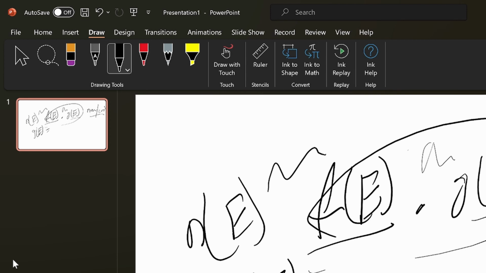If anyone needs the derivation for this G of E, we can calculate it in the next session. Just drop me a message, and I will cover that also.